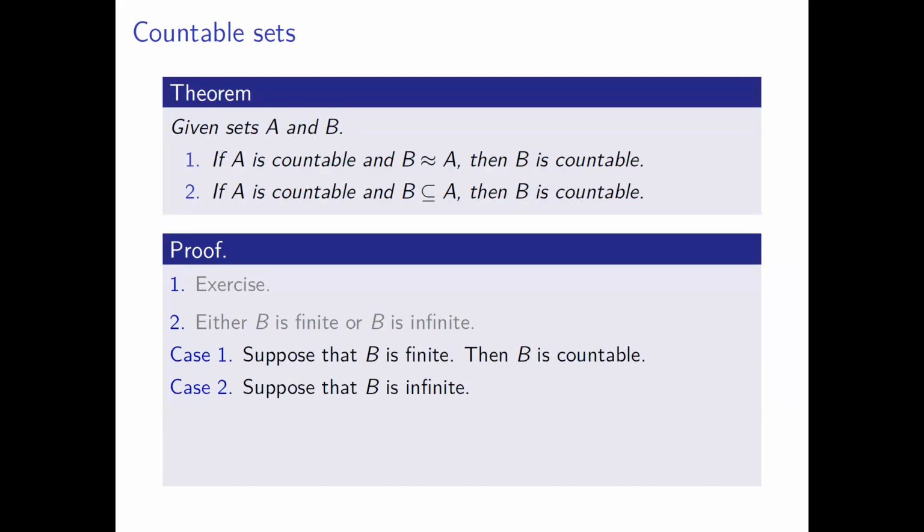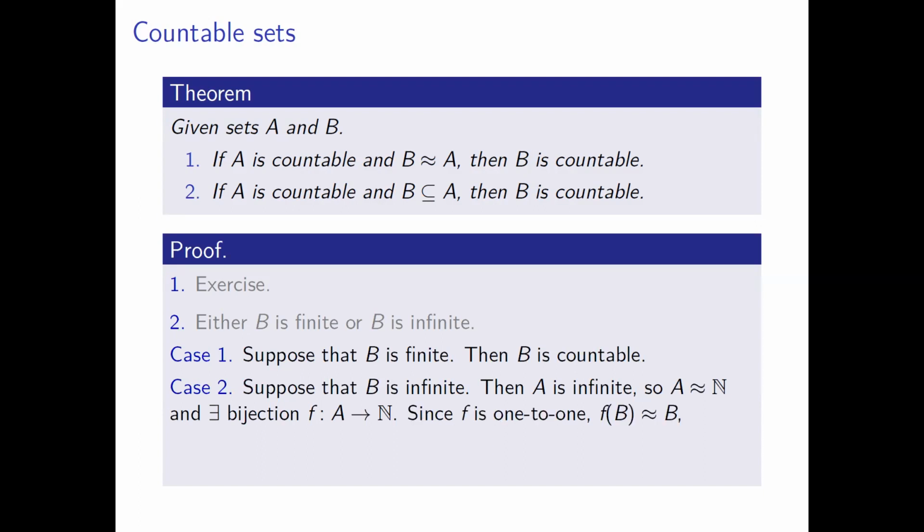Continuing with the proof, assume that B is infinite. Since B is a subset of A, it follows that A is infinite. Since A is countable, A must be numerically equivalent to the set of natural numbers, and so there exists a bijection f from A to N. Since f is 1-to-1, it follows from exercise 6 in lecture 5.1 that the image of the set B is numerically equivalent to B. And since B is infinite, it follows that f(B) is infinite.